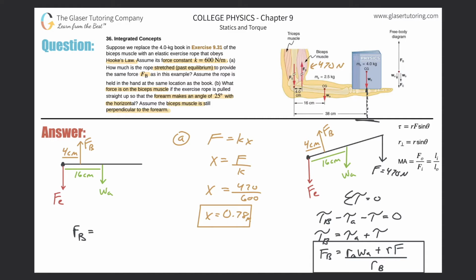So remember how we approach this. Here's the force. You dot the line of action. And then you find the perpendicular distance between this line of action and the axis of rotation.